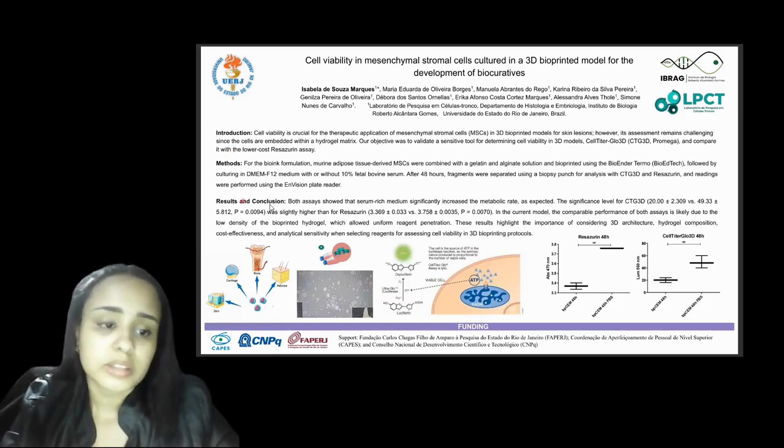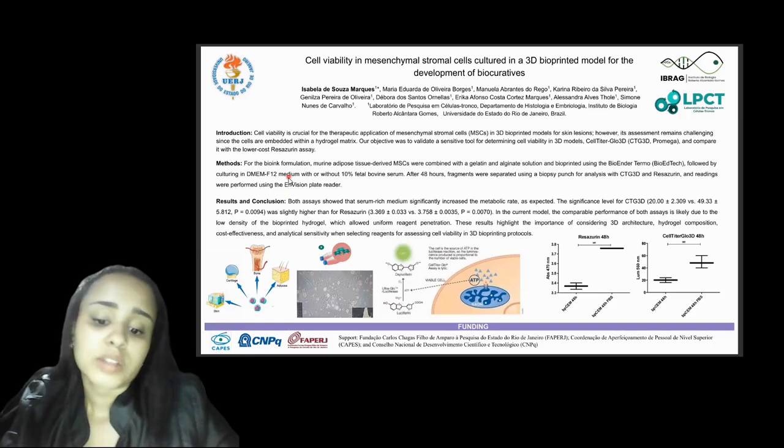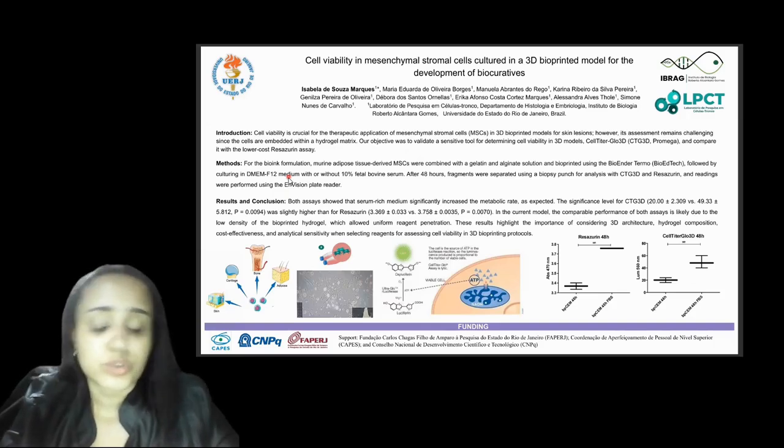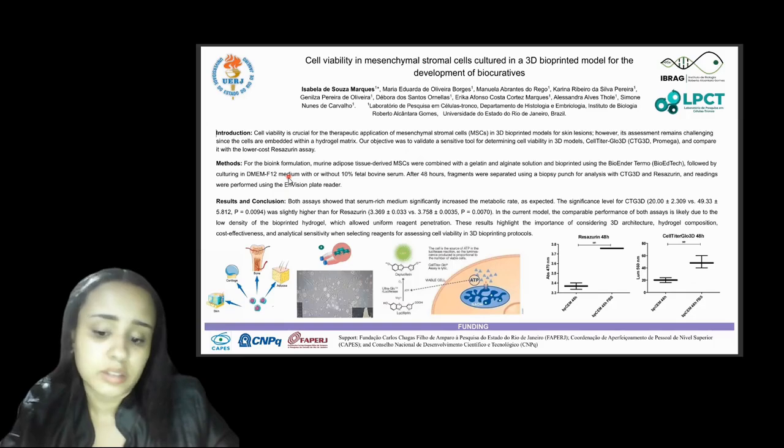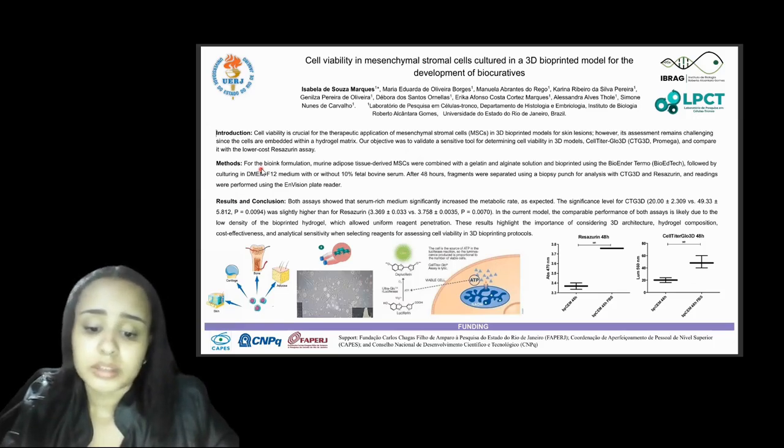To formulate the biocuratives, cells derived from murine adipose tissue were combined with a solution of gelatin and alginate and bioprinted, followed by culture in DMEM/F12 medium with and without 10% fetal bovine serum.